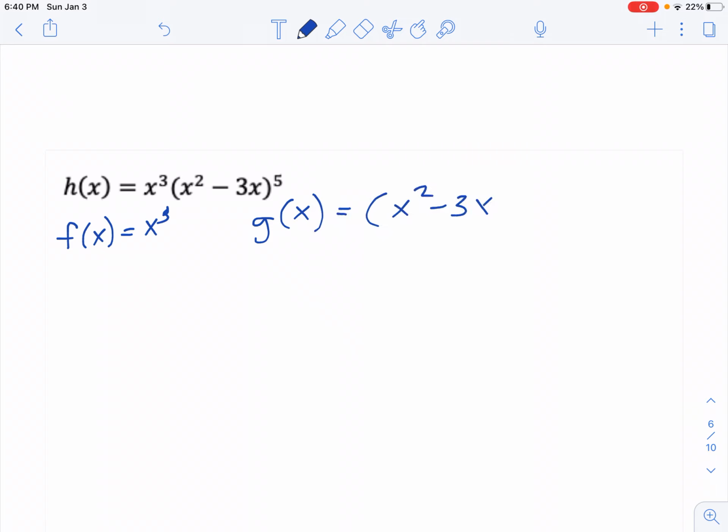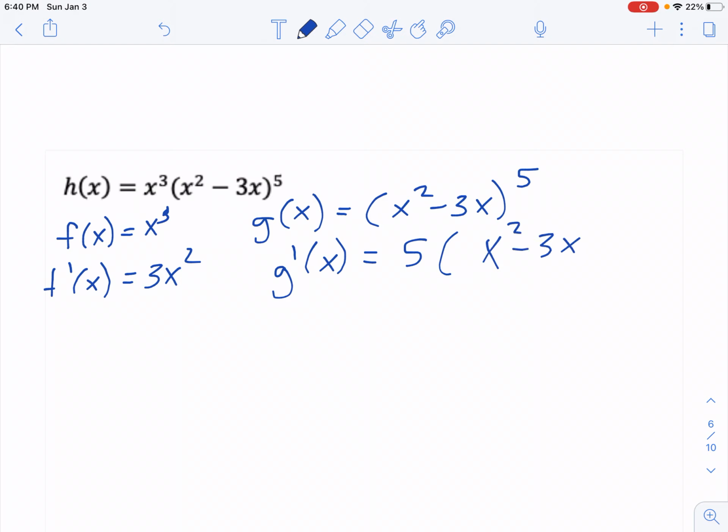First, I'm going to divide it up into the two separate functions. I'm going to take the derivative of both functions separately. And of course, we have the chain rule here, so the derivative of the inside is 2x minus 3. All right, so first times the derivative of the second.